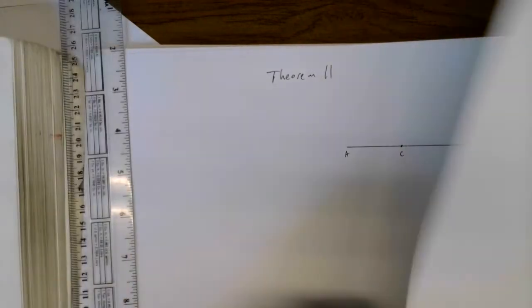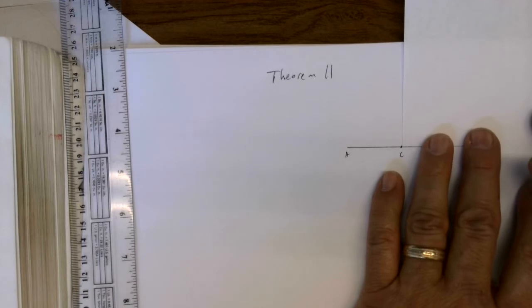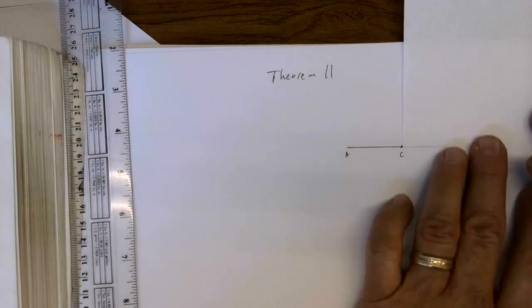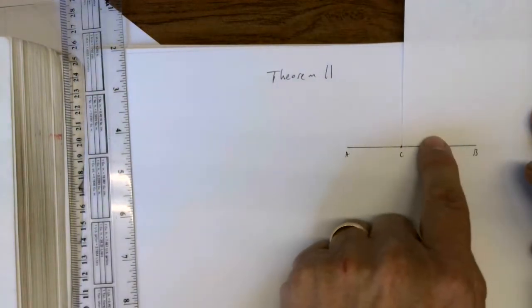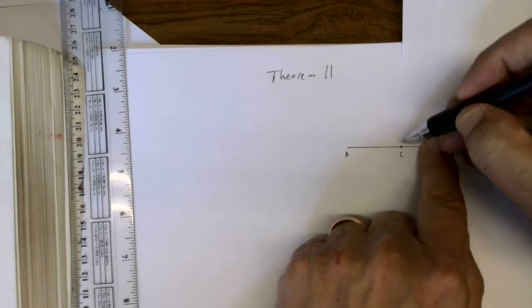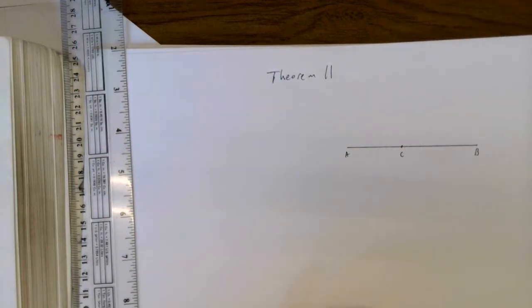Again, if all you want to do is just make a perpendicular, you don't care about it being compass and straight edge, just take a right angle, like on a piece of paper, and line it up so that the bottom edge goes along CB, and then just draw along this edge up here, and you'll have a perpendicular. That's the easy way to get this. That's the way an architect would do it.